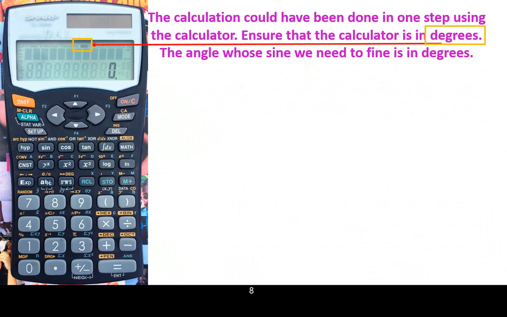At the moment, it is programmed to handle degrees. And if we are going to solve that problem, do not forget that we have 2.14 sine 75 degrees. Therefore, your calculator should be in degrees first.